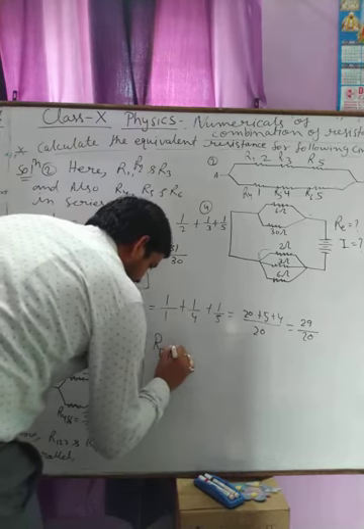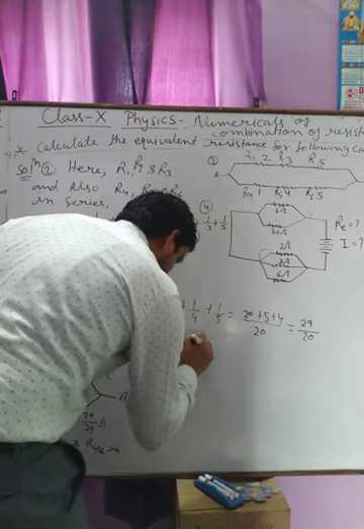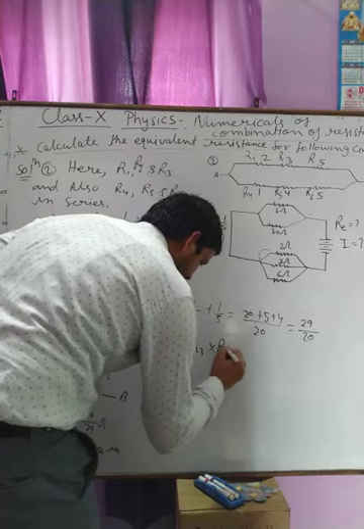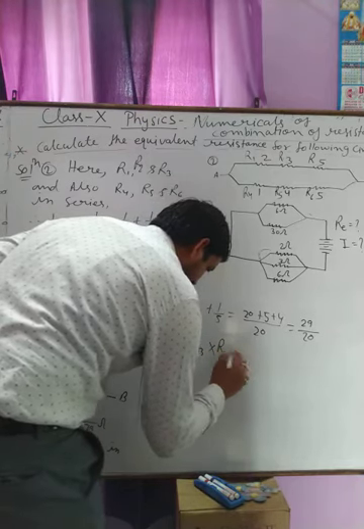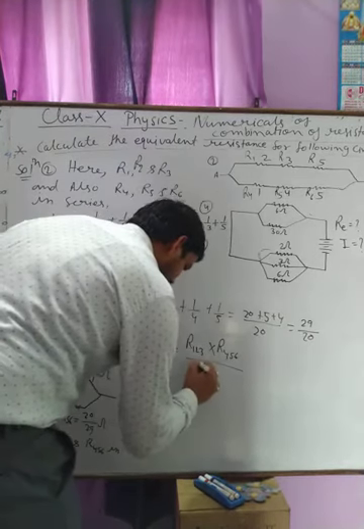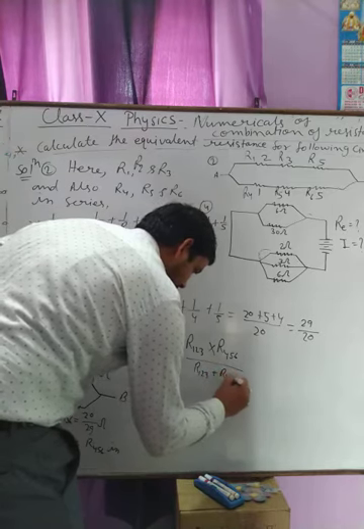Therefore, Rp or R equivalent is equal to R123 into R456 upon R123 plus R456.